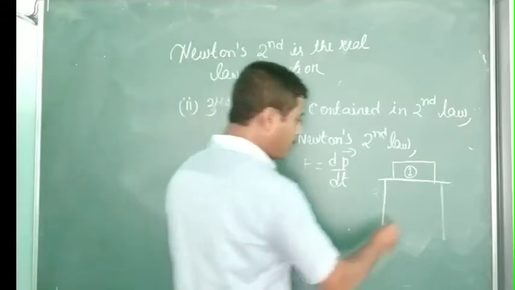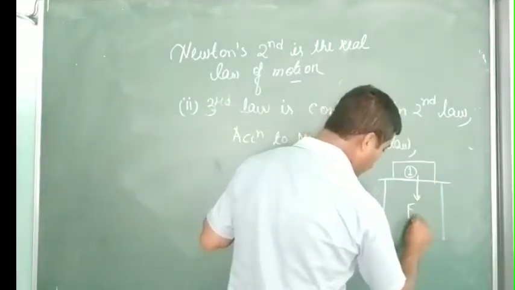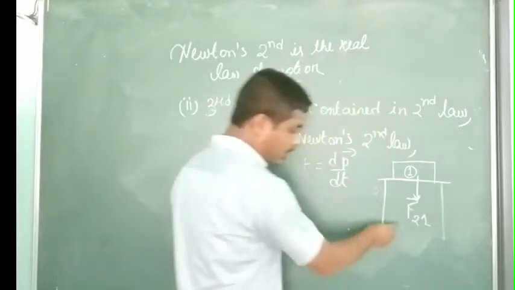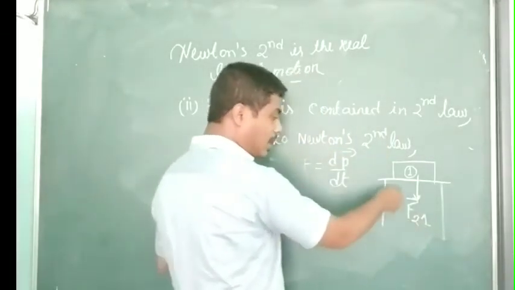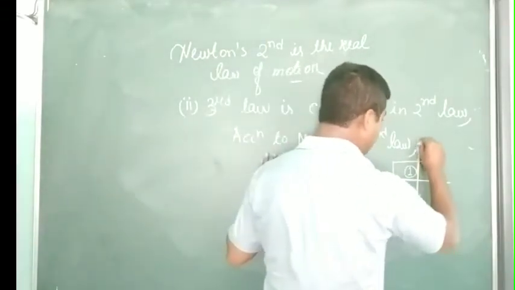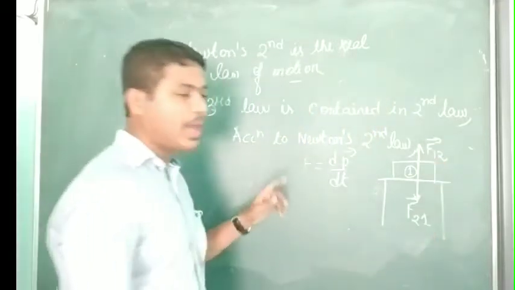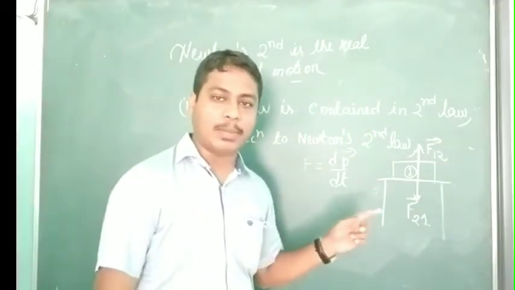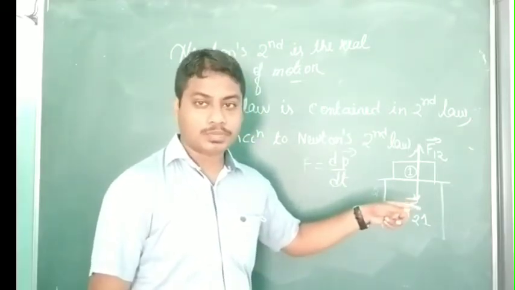So the force applied on 2 due to 1. Similarly, the table will also apply force on the book, so we can write this as F12, the force applied on 1 due to 2. That means the force applied by the table on the book.